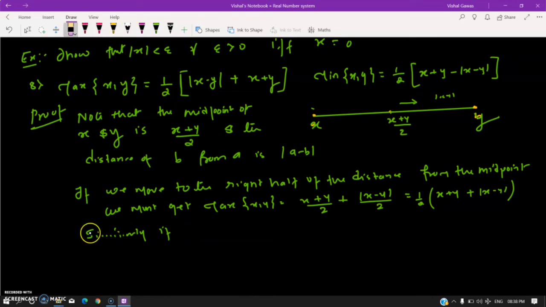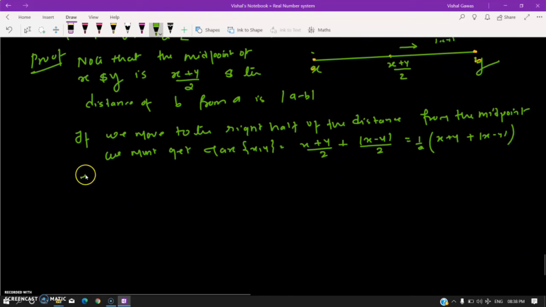I would prove this, and then on similar lines we can prove the second one, which I'll just state later on. Let's prove this first.